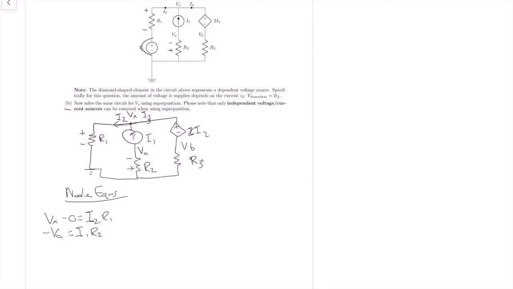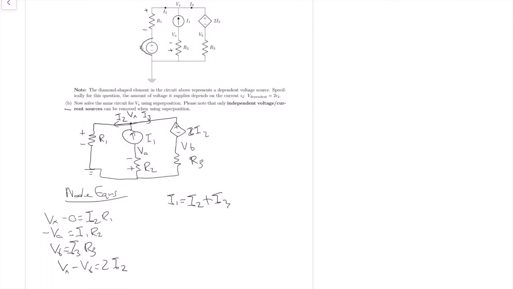So then we say that VB is equal to I3R3. And the last one we had was across this dependent voltage source, and that's just going to be Vx minus VB is equal to 2I2. Okay, so we can actually use the same equation as last time. I1 is equal to I2 plus I3, because that node is still present.